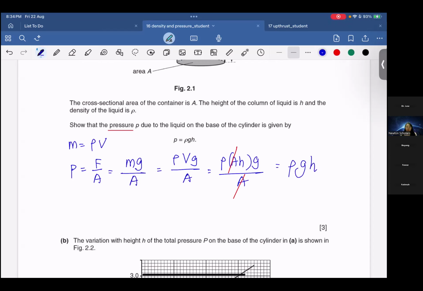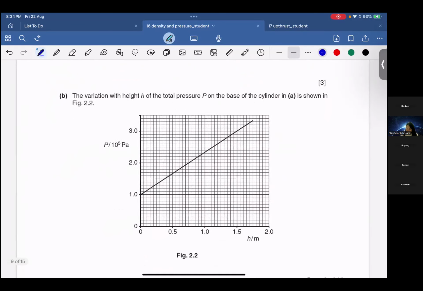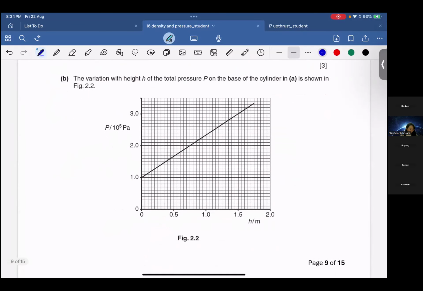So you need to know what formula to use to derive. Here they didn't give you hints. If they give you hints, it's easier, using pressure and density to derive. They didn't mention, but we have to know we're using density and pressure. Then we mix them, substituting the m into the F equals mg part. If you don't know, later on refer back to your worksheet notes. Okay, we go to the next part.